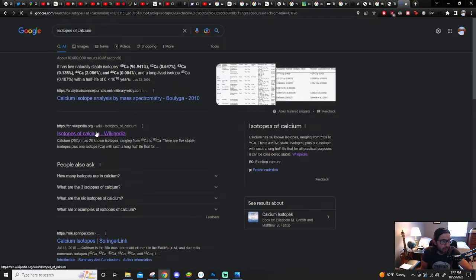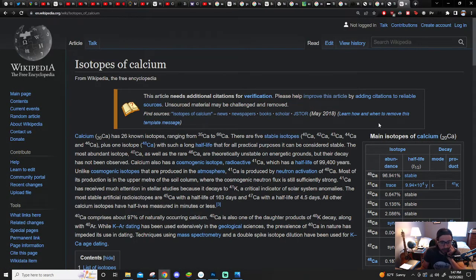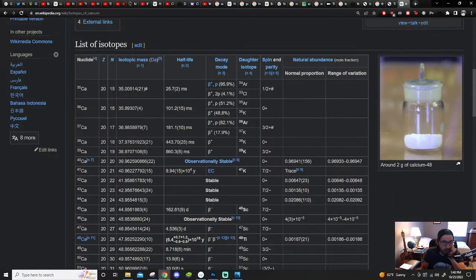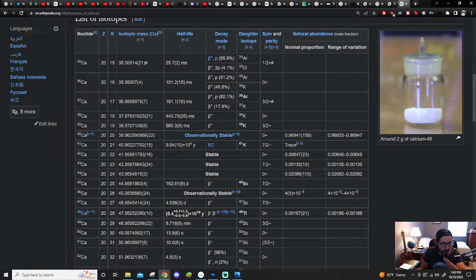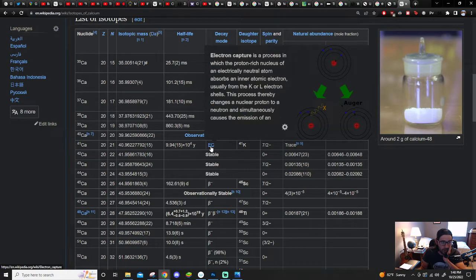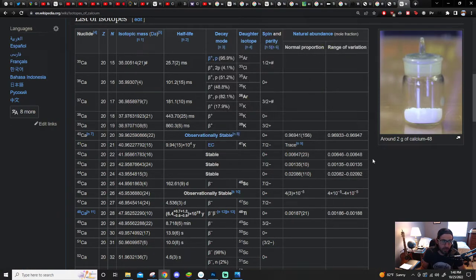So let's see if that makes sense in terms of isotope calcium 41 decay product. Where is it? There it is. Decay mode, electron capture, proton rich nucleus. Oh, I said that backwards.